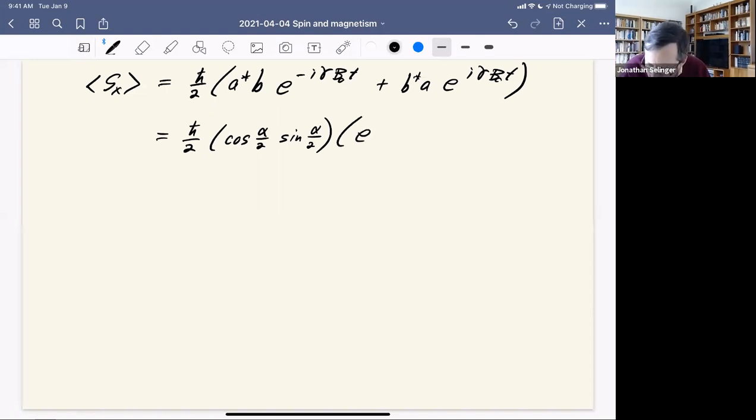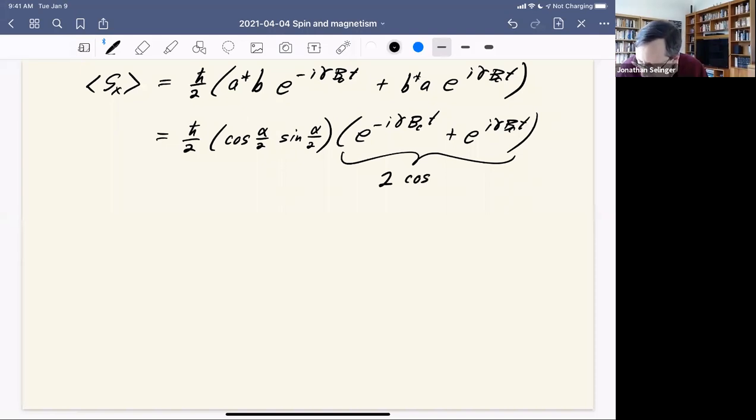Then we have this exponential plus this exponential, and this thing is 2 cosine gamma B naught t. And this other thing is a sine of a double angle thing, so it's a half sine alpha.